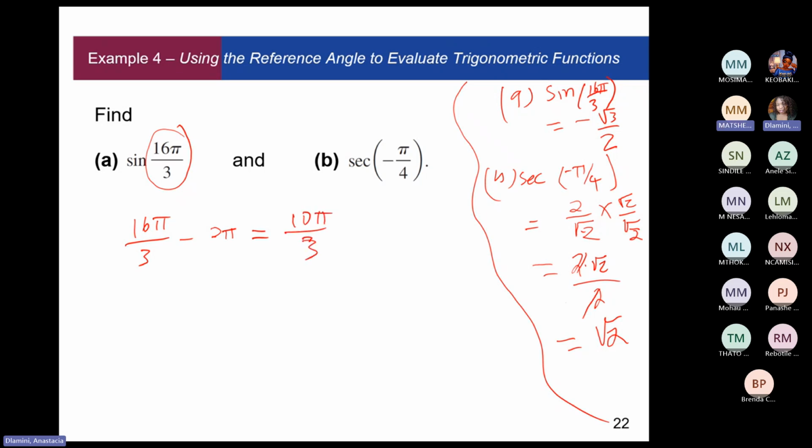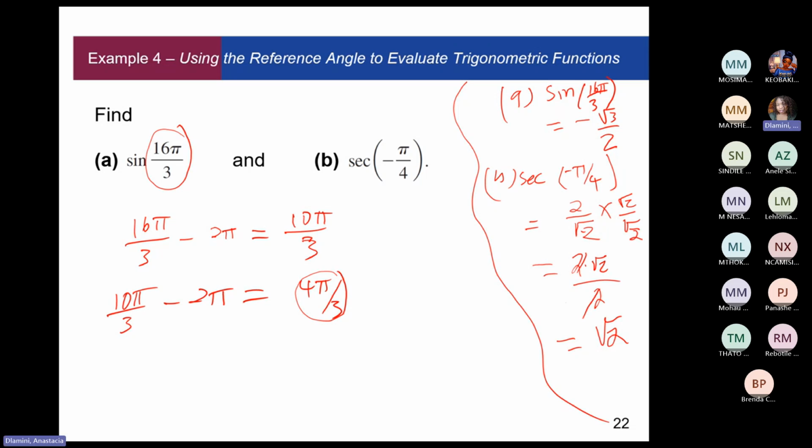Which is still big, right? So we can go again and say 10 pi over 3 minus 2 pi. We get 4 pi over 3. So this 4 pi over 3, we can then use it now because it's simpler.